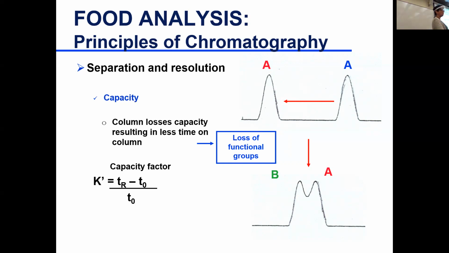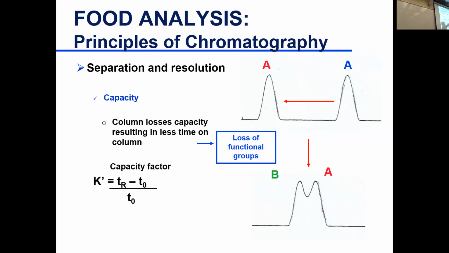The other thing is that over time, some of the functional groups will be stripped off the column, especially if it's a reverse phase and you're using high concentrations of acetonitrile and a lot of wash. Some of the functional groups will be washed off the column. Then when this happens, you don't have enough interactions.